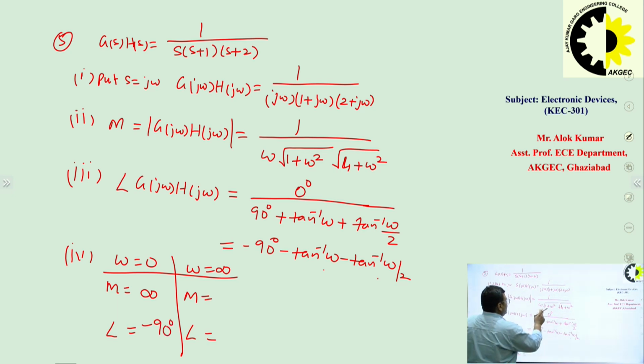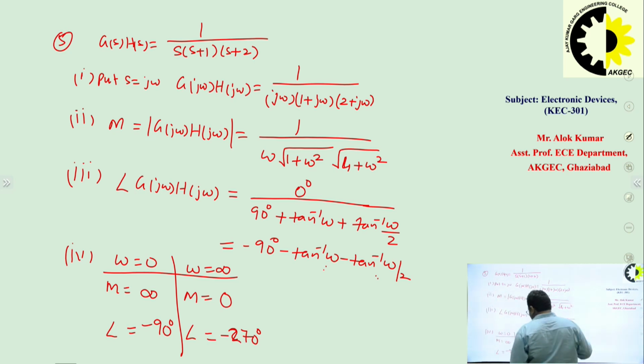When omega is equal to infinity, magnitude will be 0, and for omega is equal to infinity, this will be 90, this will be 90, and total angle will be minus 270 degree. So the polar plot we can draw in the next slide, it will be like this.